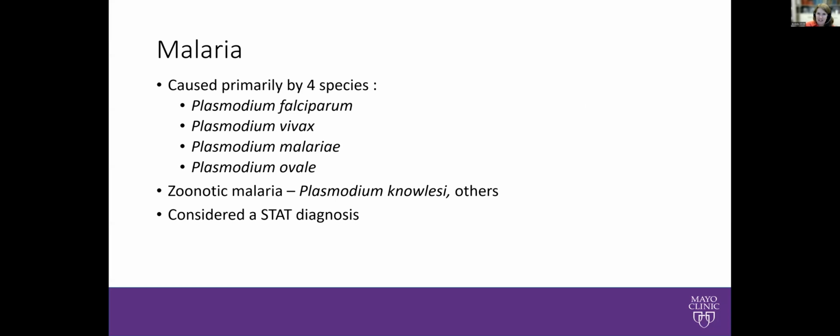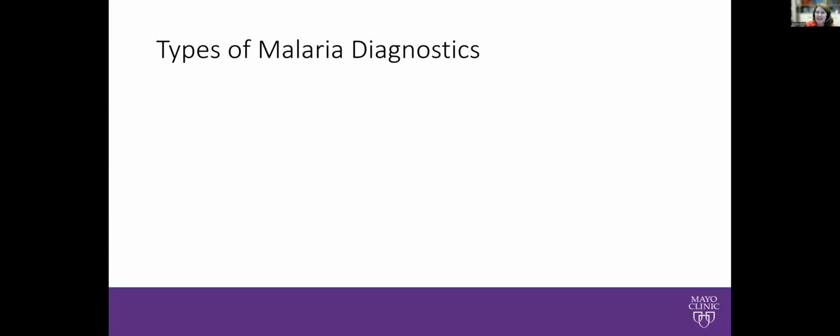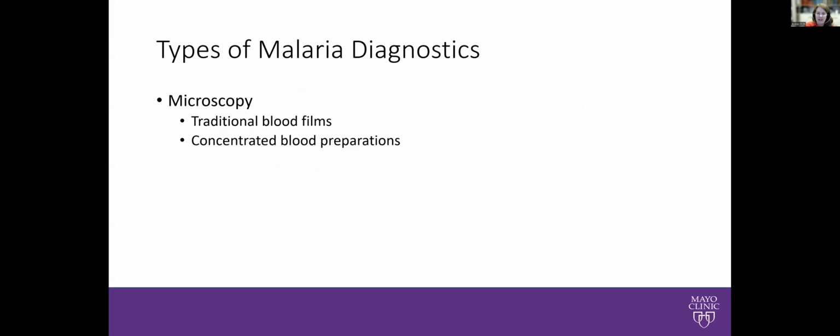Regardless, this is a potentially deadly disease, particularly with Plasmodium falciparum infection, and so diagnosis should always be performed on a stat basis. So, how do we diagnose malaria? Well, there are different types. Microscopy is still the gold standard using traditional blood films, Giemsa stain traditionally. You could also do concentrated blood preparations.